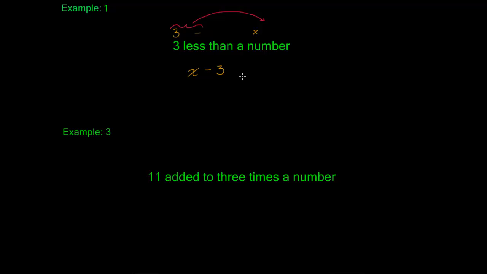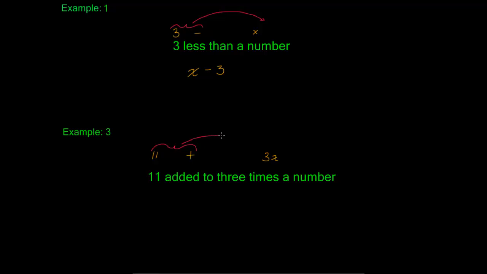All right, let's move down and look at example 3. Example 3 has 11, so that's my number. I can put that on there. Added to, so there's a plus. Now, this phrase right here tells us that this is going to be moved to the end. So I'm going to put that over the top of it. Let's continue. We have 3 times a number, so in that case you can put 3x. Now, I'm going to come back here.